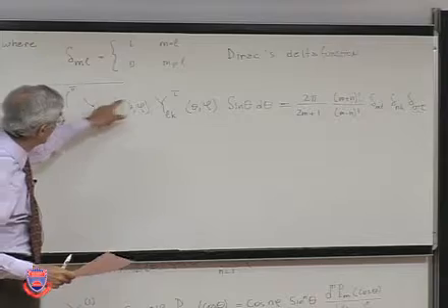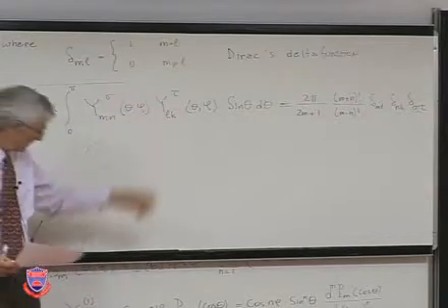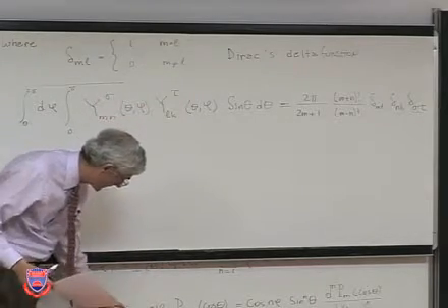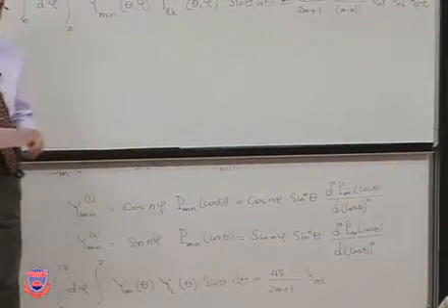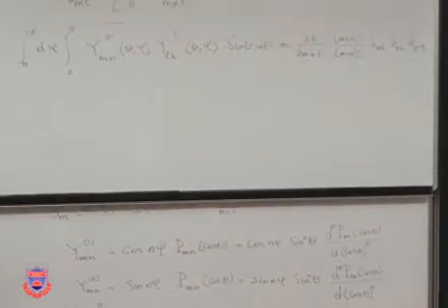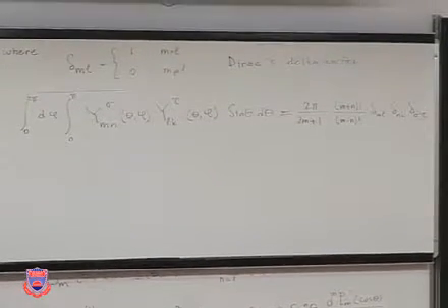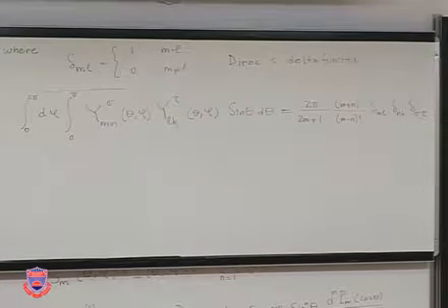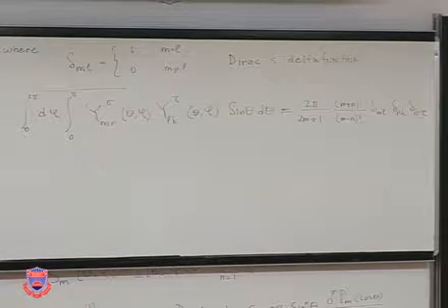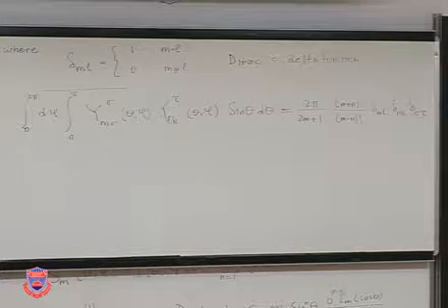If this is 1 and this is 2, what are the differences? You're multiplying sine and cosine, their integral is not going to be a finite value.